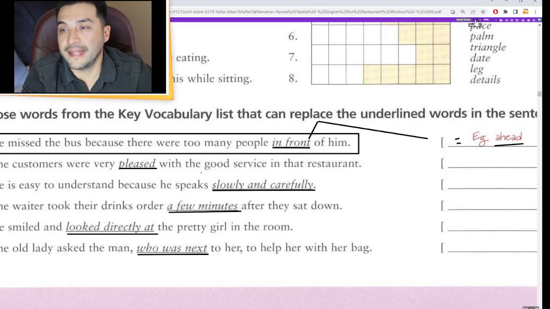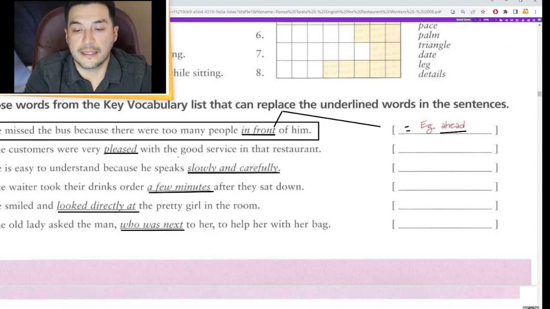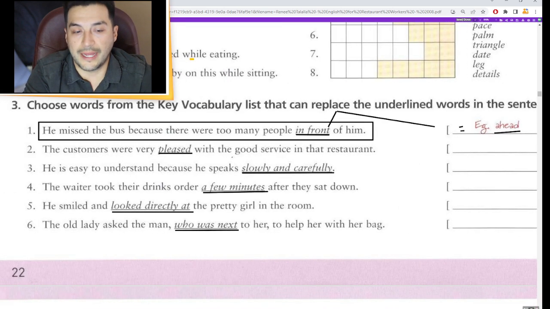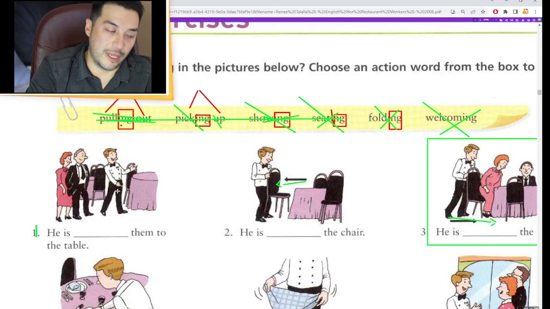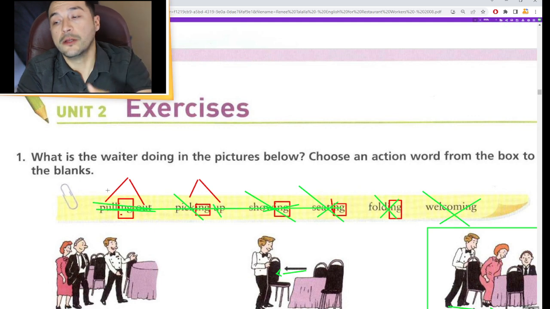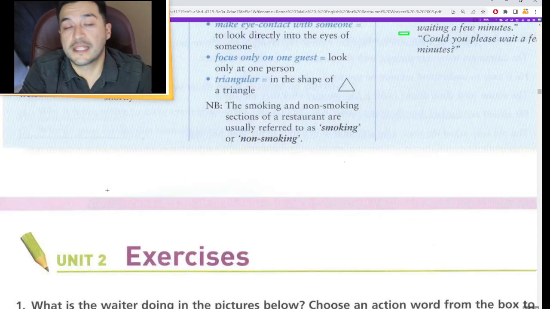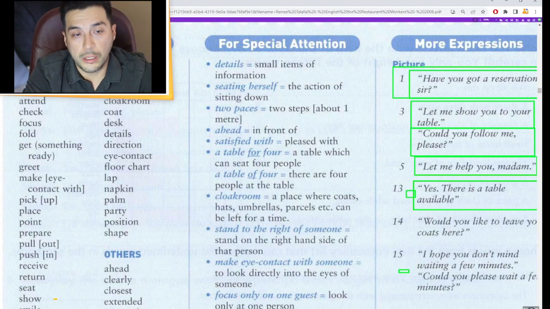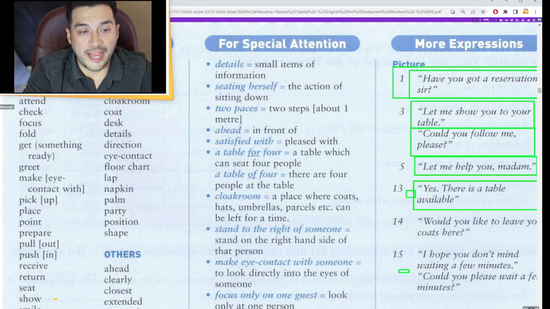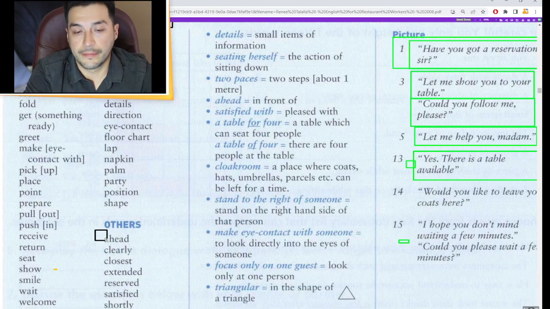So you can find these in the vocabulary list. Key vocabulary. Right here on the platform, you have the material. Make sure you print or open this on your iPad, your phone, or your computer. Here's the key vocabulary. Ahead.